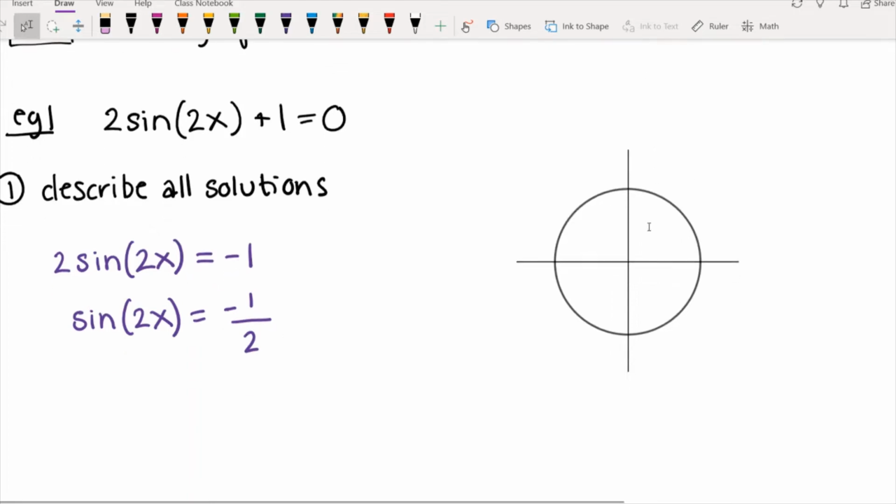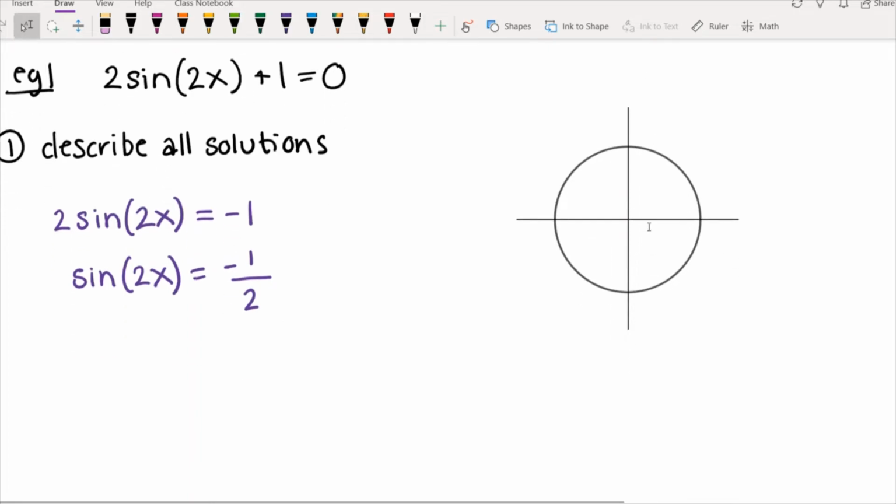So next we're going to do something that is similar to something we did in yesterday's video. So don't think of 2x as 2 times x, think of it as one item. And so what I'm going to do is replace where it says 2x with another letter. You could use whatever letter you want. I'm going to use u again, because that's a very common letter to use if you're doing any kind of substituting something for something else.